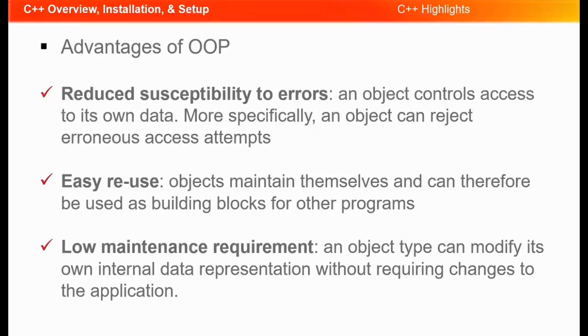The next one is reusability. When we look at objects, we can think of them as an encapsulation or a grouping of data and logic. And because we have that logic encapsulated and put away from the rest of the application, it means that we can reuse it, for example, in other applications.